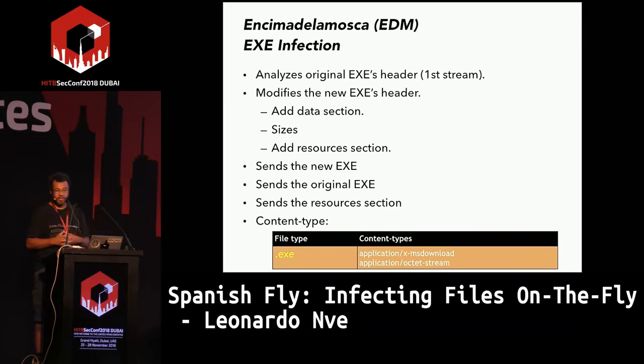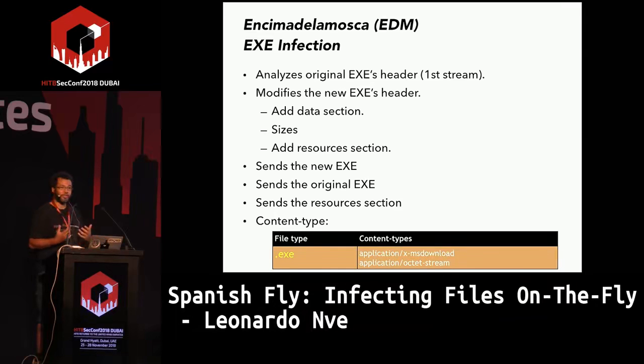So the client, since he clicks on the file, will see that something is downloading. It sends first the malware, then the original executable, then the resource section to have the icon.